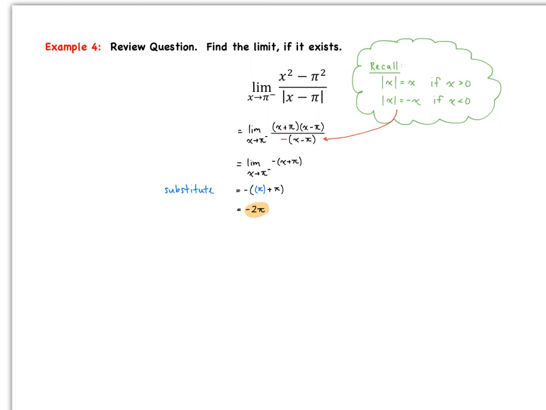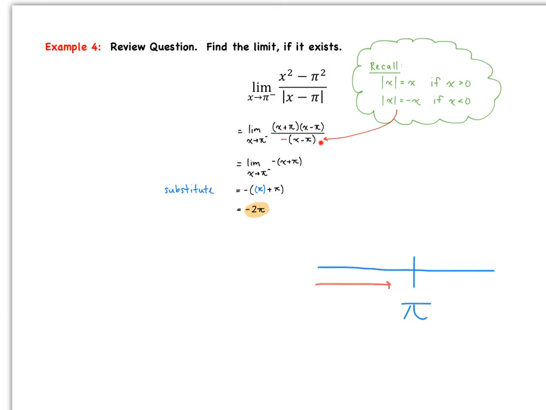If we think about it this way, here's pi, and I'm approaching it from the left, so that means x is going to be less than pi. So since that's the case, we are using our little reminder that this quantity is going to be negative, right? It's going to be the opposite. So now we can drop the absolute values, and it is equal to the opposite of x minus pi.